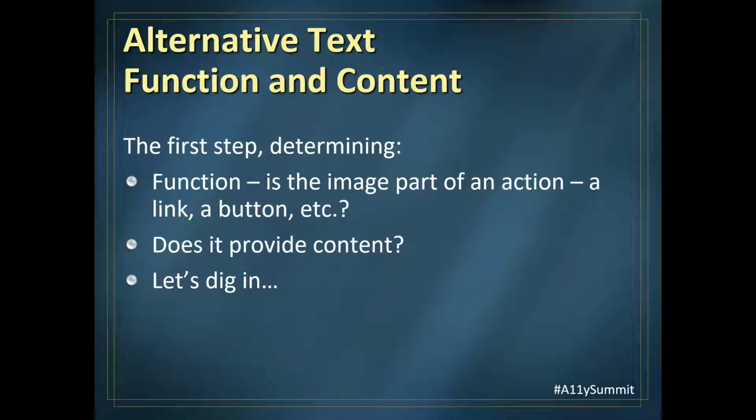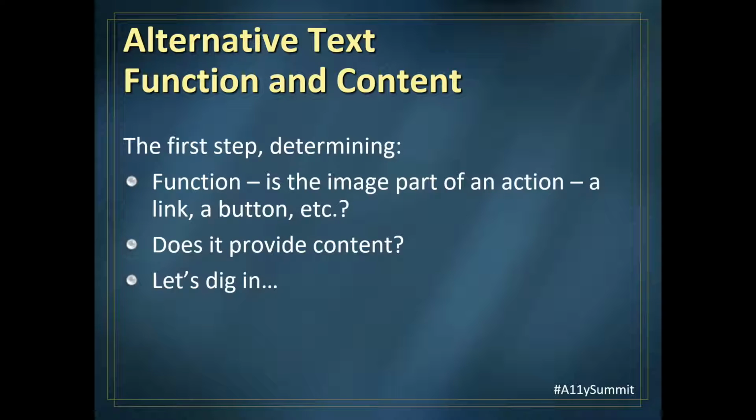So what are the things that you need to think about whenever you're trying to figure out what this alternative text should be for any given image, different types of images, etc. So the first thing you want to think about is, is it functional? Is it an action? Is it a button? Is it a link?